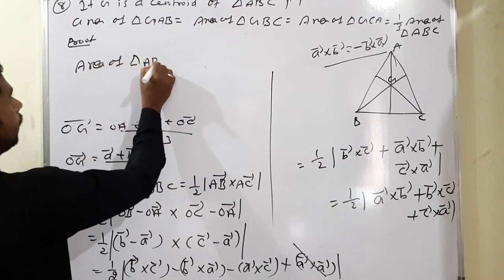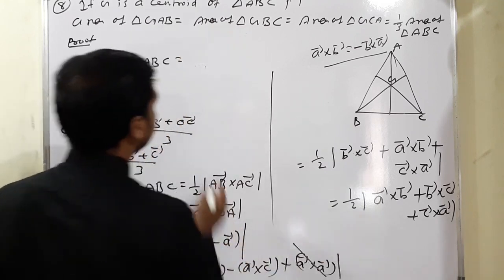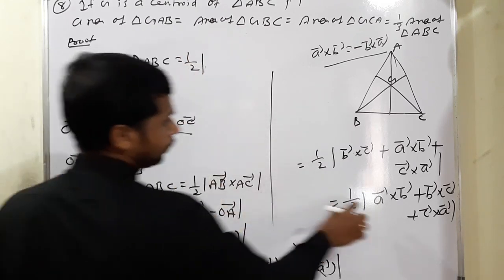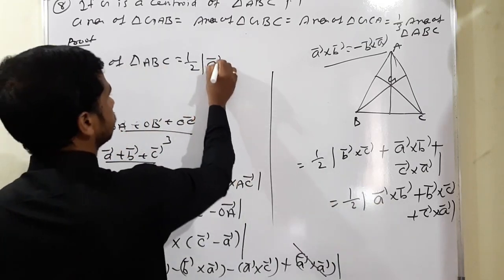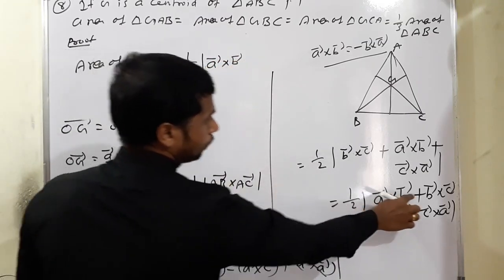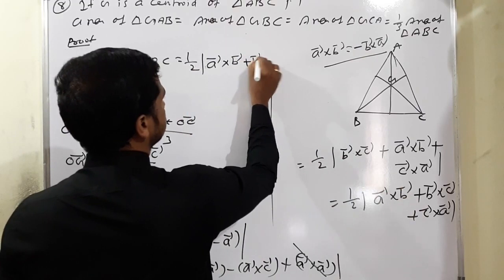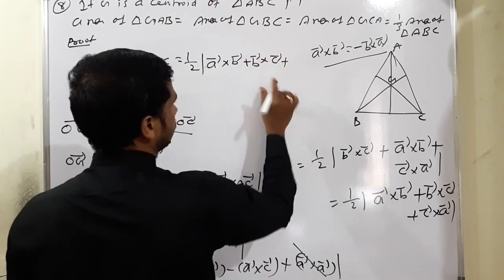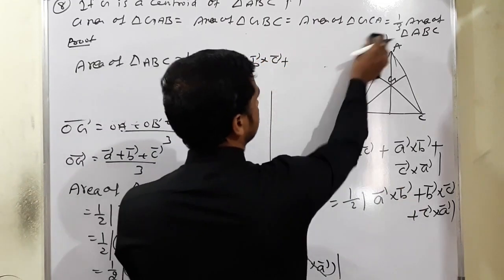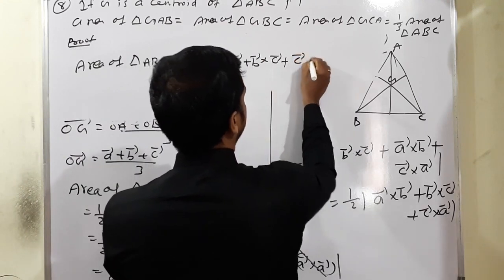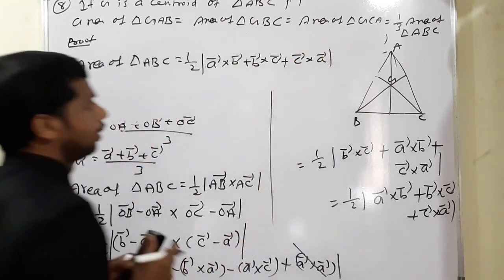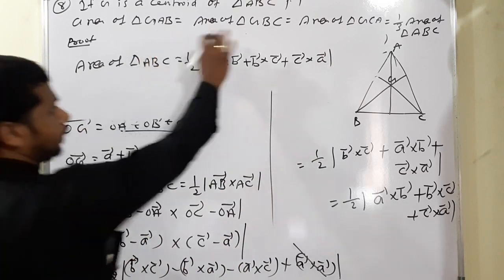Area of triangle ABC is equal to half into A vector cross B vector plus B vector cross C vector plus C vector cross A vector. So, for any one part, the three triangles will be equal.